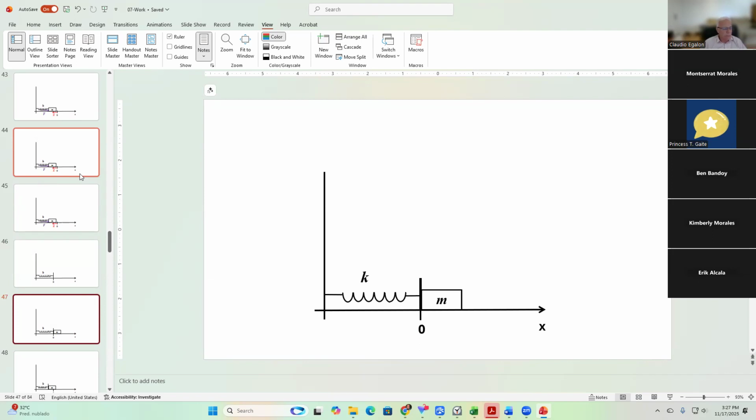I also compress the spring. When I compress the spring, I'm adding potential energy to the system, to the spring. And now there is this displacement to the left and a force to the right. That's why we have that negative sign. I release the mass and consequently the spring.